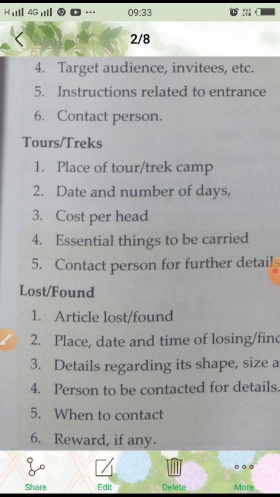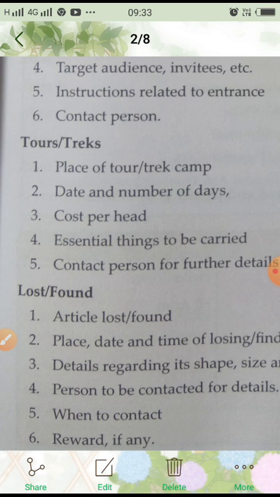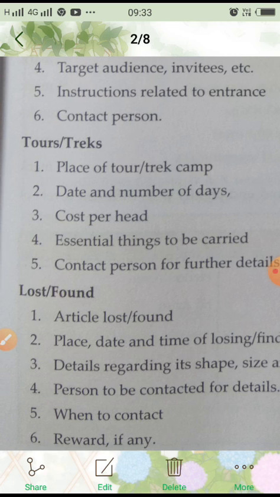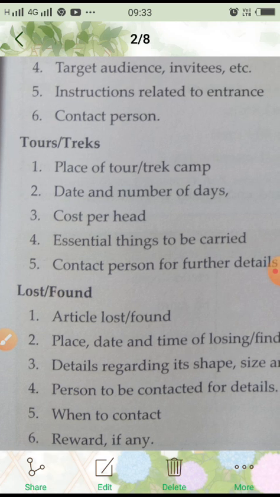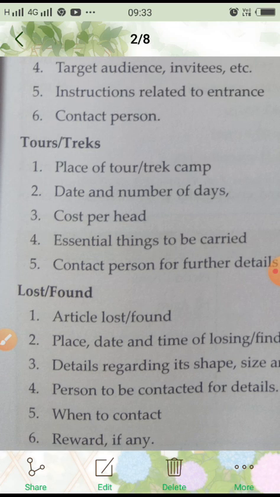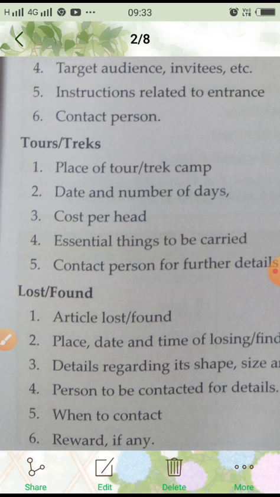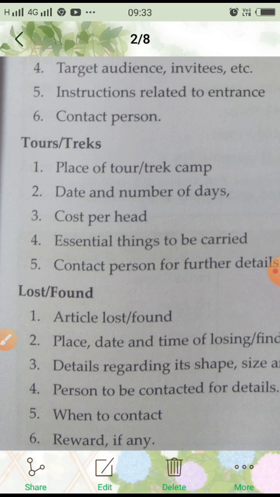Then the third type of notice writing is lost and found. Lost and found is written when anyone has lost any of his articles or things, or if someone has found an article and, being generous, wants to return it back, but you do not know whose it is.